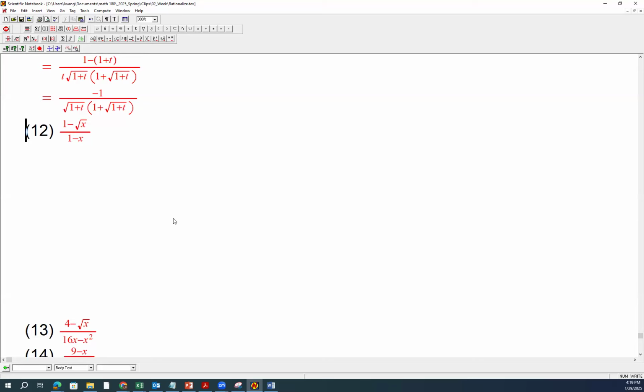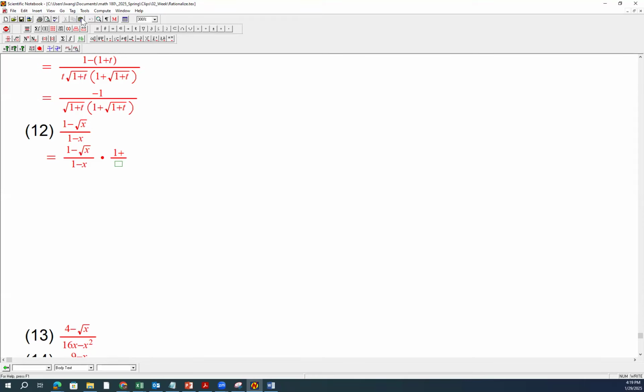Number 12. This one does have a radical in the numerator. And so we're going to rationalize the numerator. And what do we get? Right, so we're going to multiply by 1. So this is 1 plus root x.